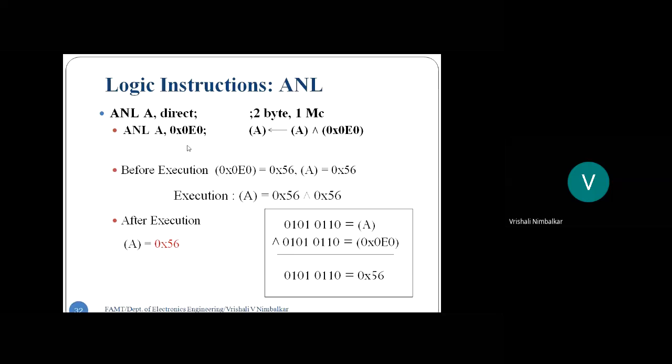What is E0? Is E0 an internal RAM address, or is E0 an SFR address? Okay. If it is an internal RAM address, the address should be between 00 and 7F. This is beyond 7F. It means you should understand whatever address is written here is of a special function register.